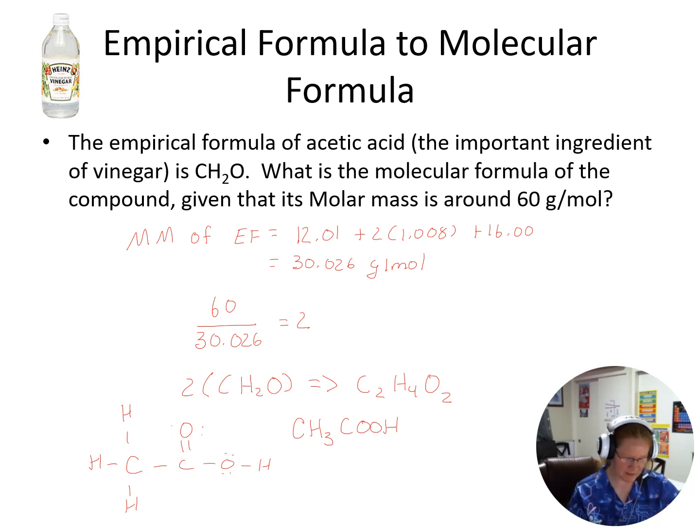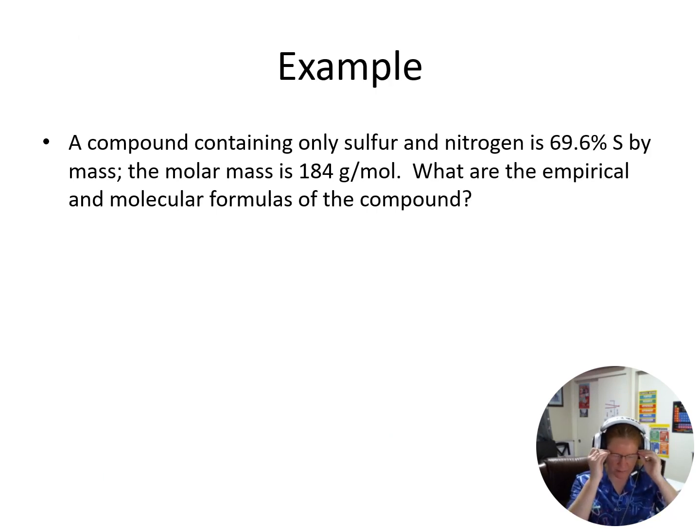Now, for the most part, when we look at these, we're going to have to do some other calculations too. A lot of the time, we have the molar mass of the compound and some empirical formula data. I have a compound of sulfur and nitrogen. It's 69.6% sulfur by mass. If it's only sulfur and nitrogen, 100 minus 69.6 gives me my nitrogen.